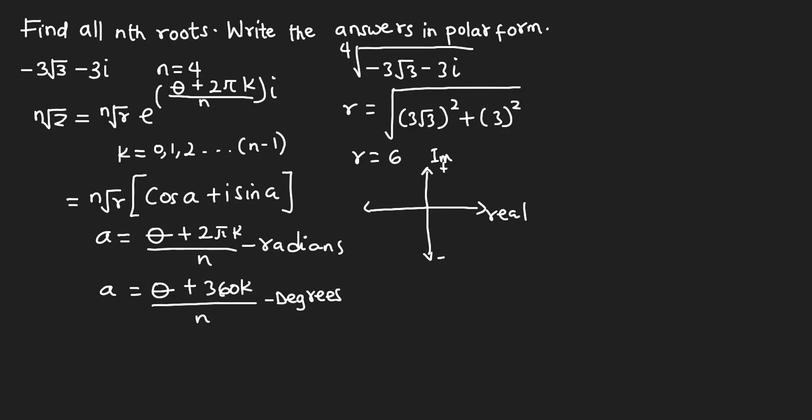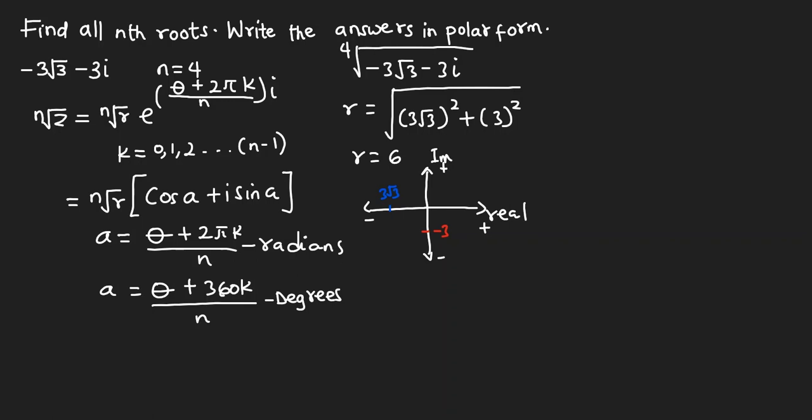I'm going to have positive here, and I'll have positive and then negative here. So I'm going to plot minus 3 root 3 here, and then the minus 3 will be here, right? So I have the minus 3 here.